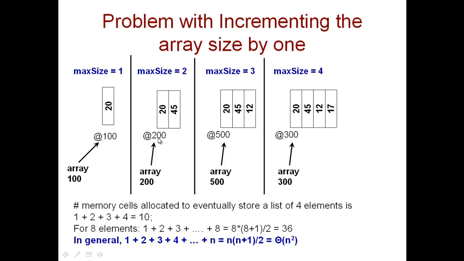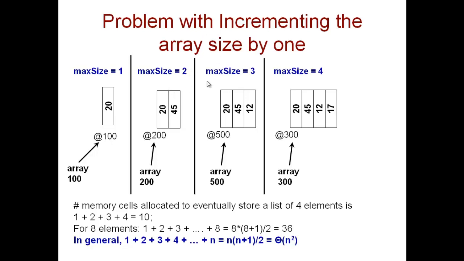Let us say it is created at address 200, and the array pointer will now point to that new block at the base address, and the values from the previous block of memory have to be copied to the new block. So the 20 has to be copied to the new block, and then we insert our new data, which is, let us say, 45. So this is our new list and the corresponding array. Max size is 2, right, because it can hold only 2 elements.